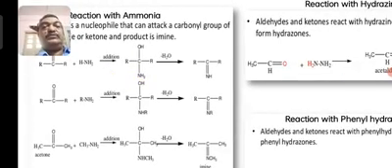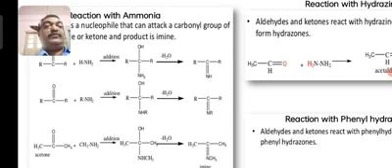So with ammonia, like NH3 or RNH2 or R2NH, in all the cases there is a formation of R-C(OH)-NHR. The OH group and H will eliminate a molecule of water to form a carbon to nitrogen double bond. That is, they will form an imine.